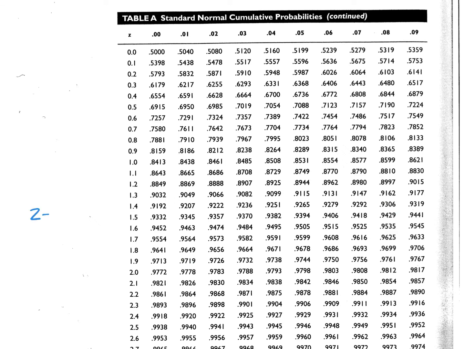Looking up a z-score of 1.06, we're going to start at 1.0, which is right here, and then we're going to go out to the 600th spot, so 1.0 plus 0.06, and go to the right here and then come down the column where 0.06 is.